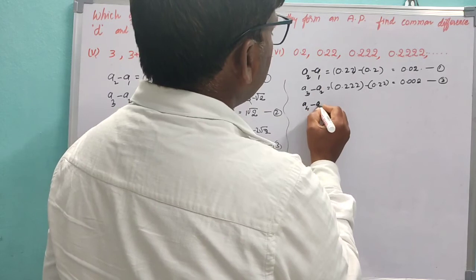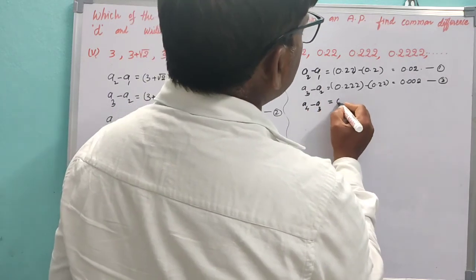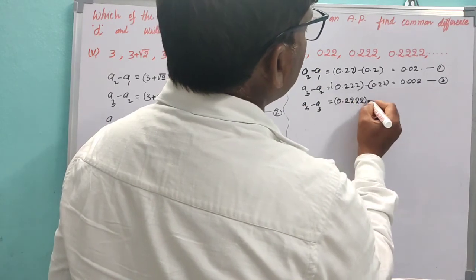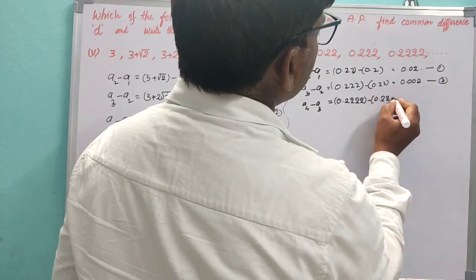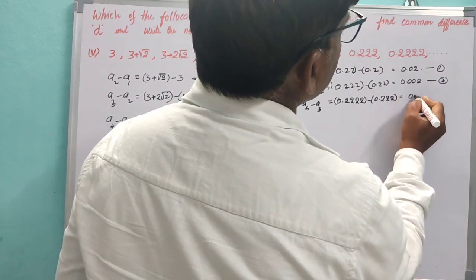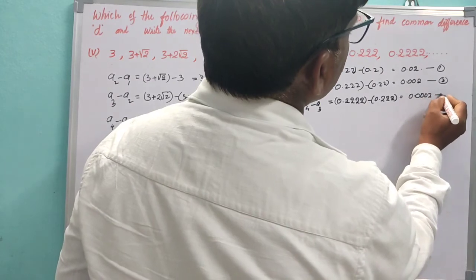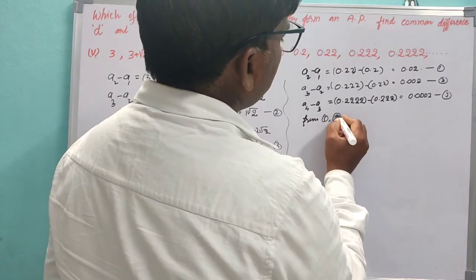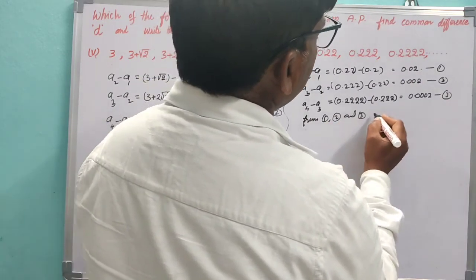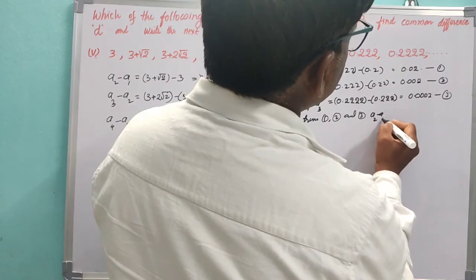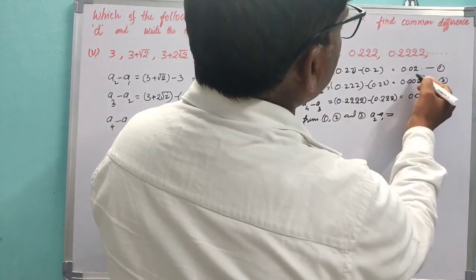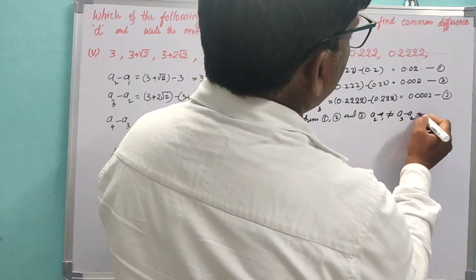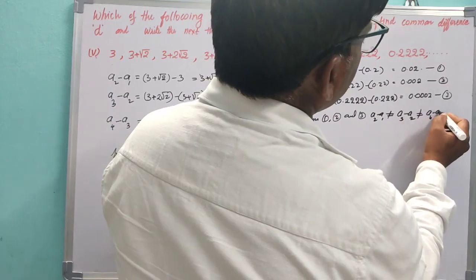And a4 minus a3 is equal to 0.2222 minus 0.222, which is equal to 0.0002. So let it be 3. So from 1, 2 and 3, what did we get? a2 minus a1, these are not equal, these are not the same. a2 minus a1 is not equal to a3 minus a2, and it is also not equal to a4 minus a3.